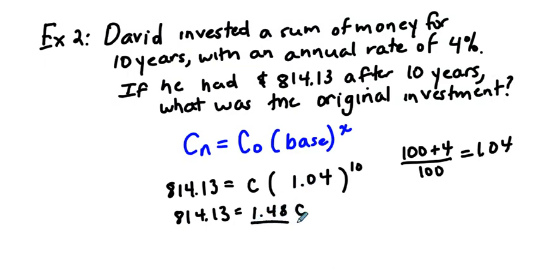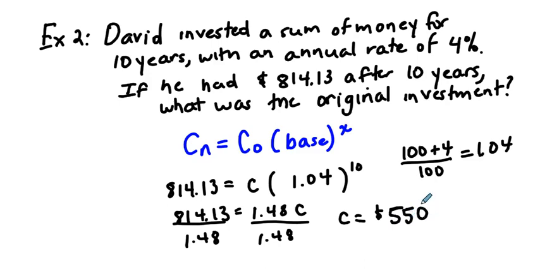Divide by 1.48. 814.13 divided by 1.48 is 550. So his original investment, I'll round, is $550.